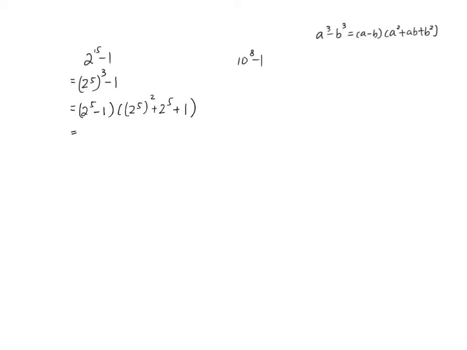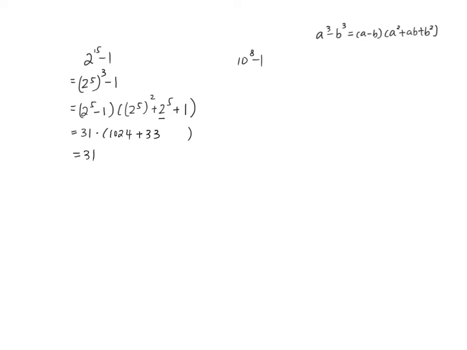And 2 to the 5th is 32, so minus 1 is going to be 31 times. Now, this is 2 to the 10th, which is 1024. This number is just a number that I think we usually should memorize. 2 to the 5th is 32, so 32 plus 1 will be 33.